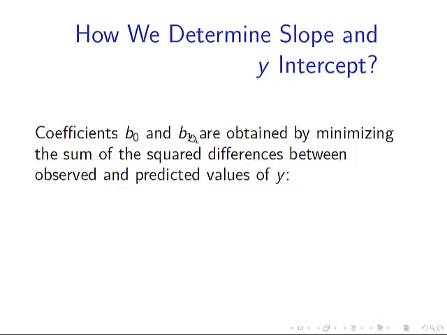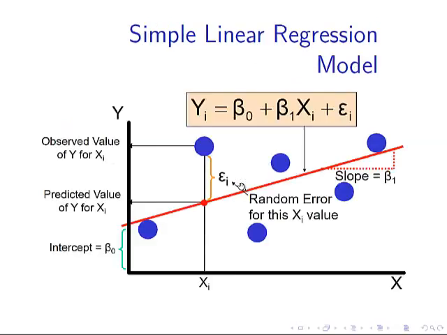It means that you find the difference and then square it between observed and predicted values of y. Predicted values are the points which lie on this line, and observed are the points themselves. The difference between predicted and observed value is this distance. We denote it as epsilon i, and the square of it is epsilon i squared.